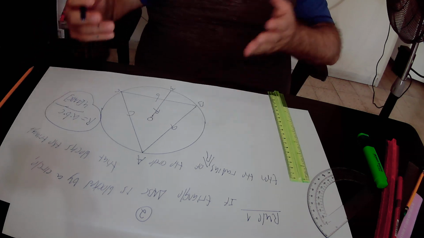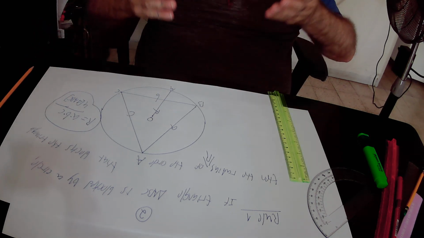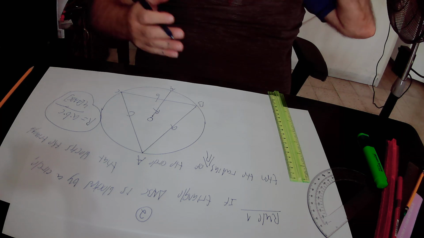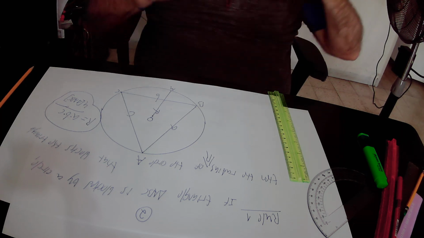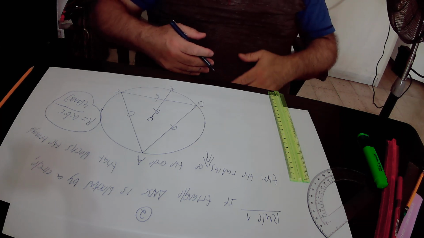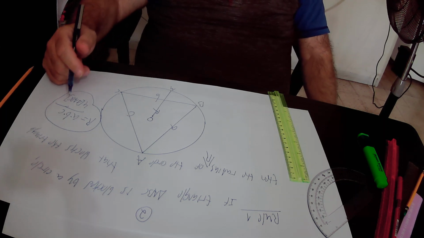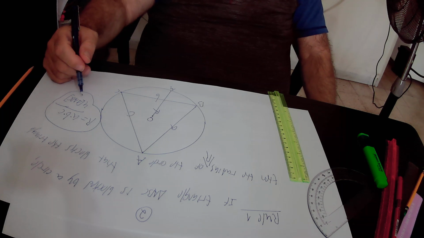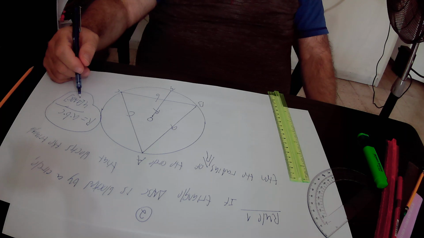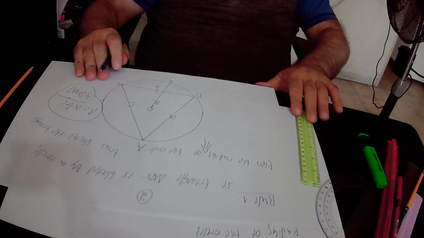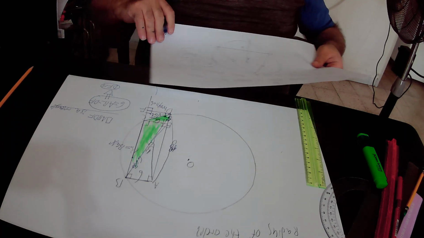So the radius of any circle that blocks a triangle will be equal to the multiplication of the side lengths of the triangle by each other over 4 times the area of the triangle that is blocked by the circle. So actually we can implement rule number 1 in our drawing. Why?